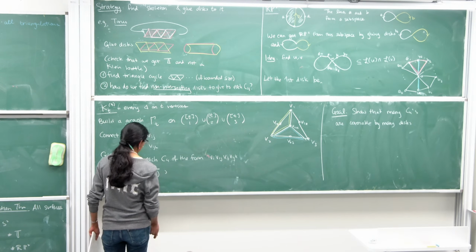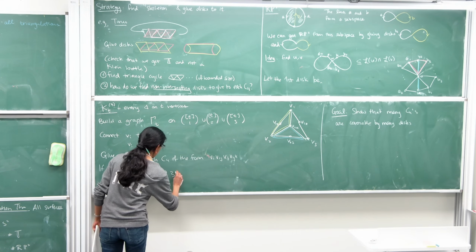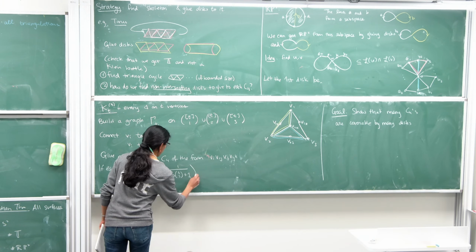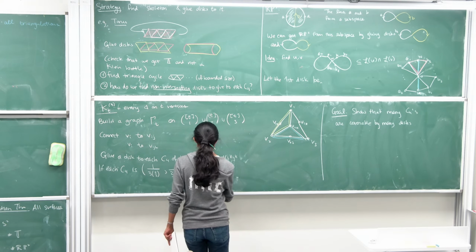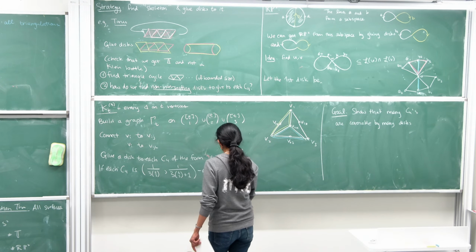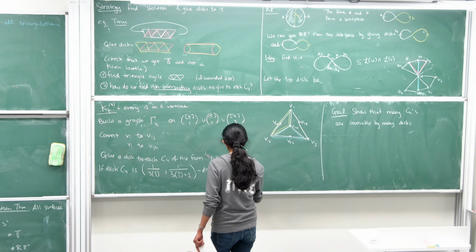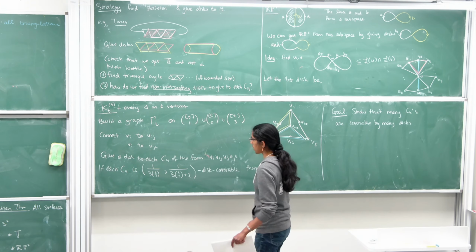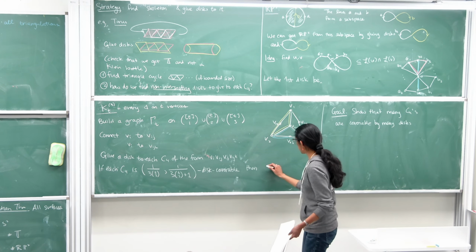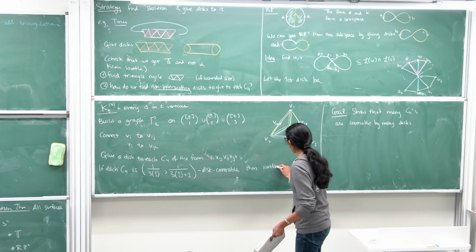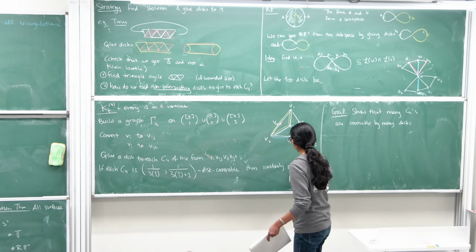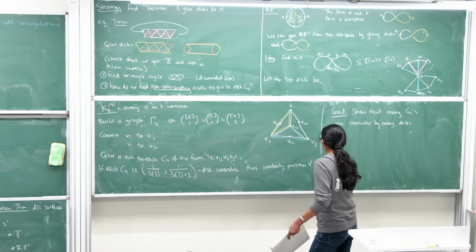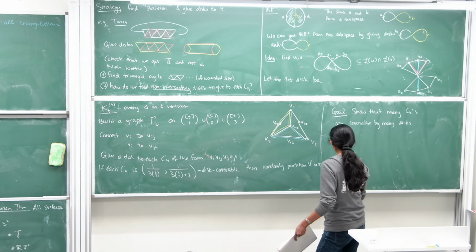And then let's take epsilon equal to, then what we can do is randomly partition V into 3 t choose 3 parts.